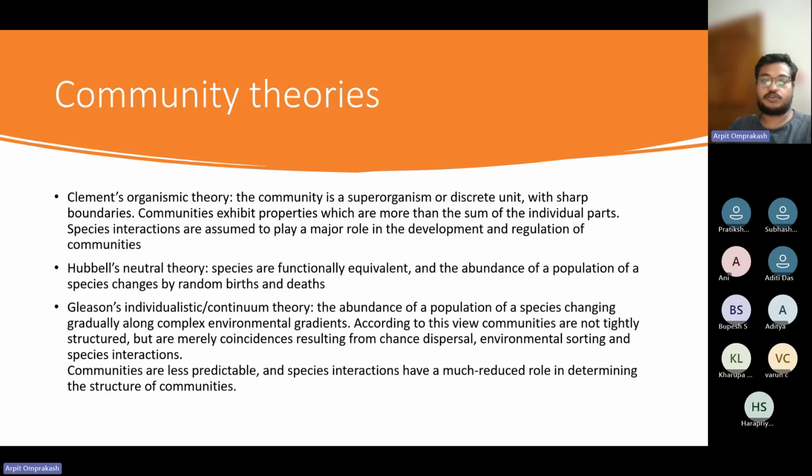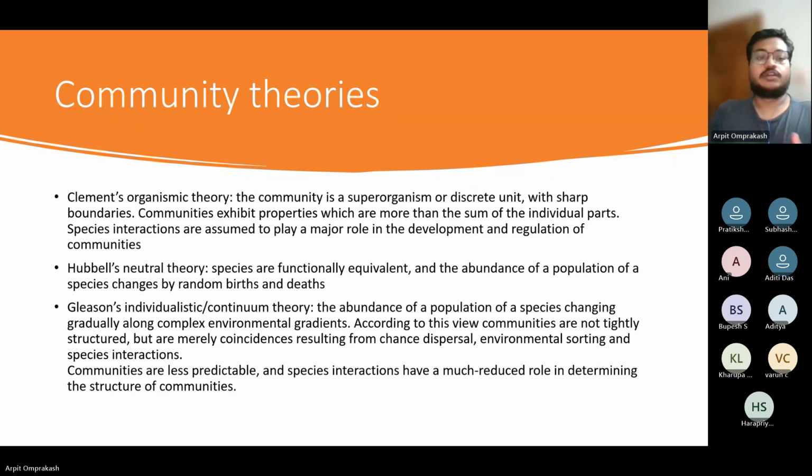It is assumed that species interactions play a major role in the development and regulation of communities, according to Clements. So for him, a community is like a superorganism. If you think of a community as a larger organism, the different species or populations that exist within the community are the organs or the organ systems.